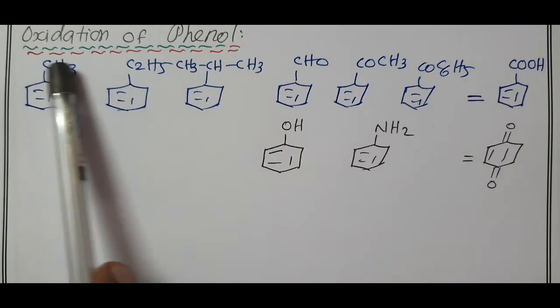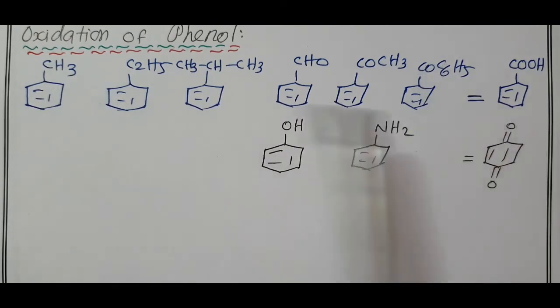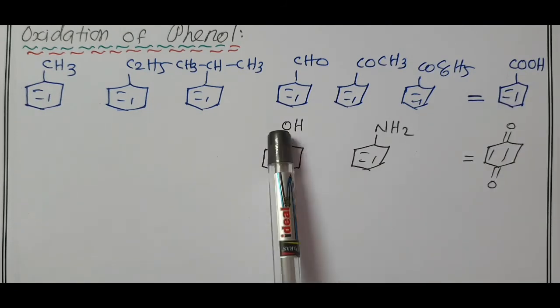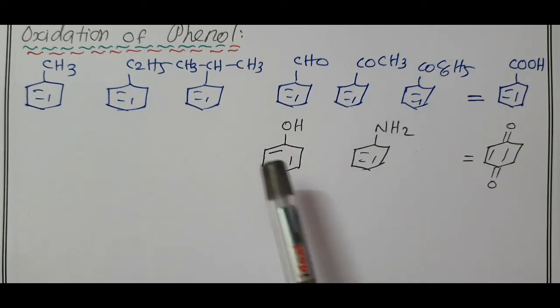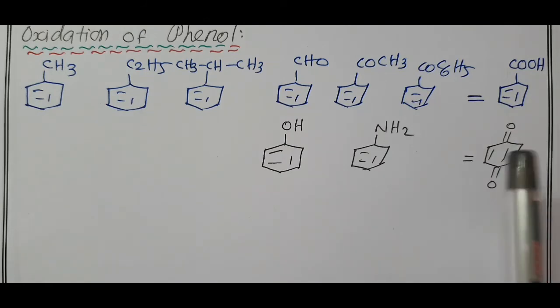If the side chain contains carbon and hydrogen, the whole side chain on oxidation is converted into a carboxylic acid functional group, and benzoic acid is obtained. Another condition, if the side chain does not contain carbon, both phenol and aniline on oxidation give 1,4-benzoquinone.